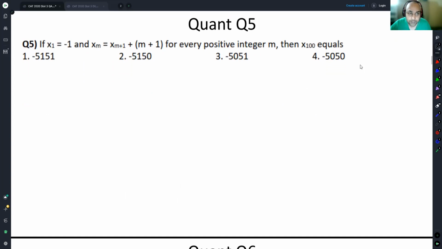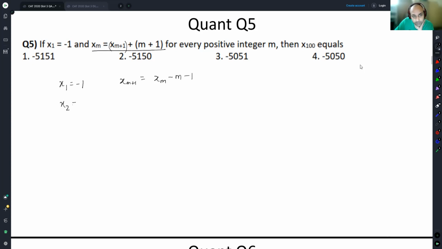If x1 is equal to -1 and xm is equal to this. X1 is equal to -1. Now, when you look at this expression, can you see one beautiful thing? This is the subsequent term. So instead of writing it as xm is equal to this, let's write it as x(m+1) is equal to xm minus m minus 1.